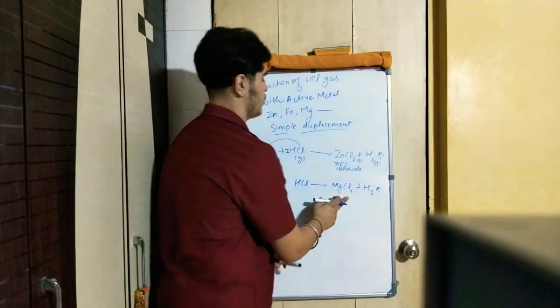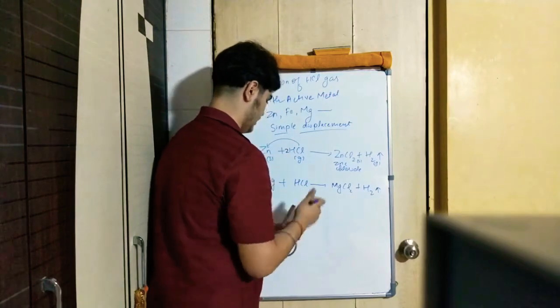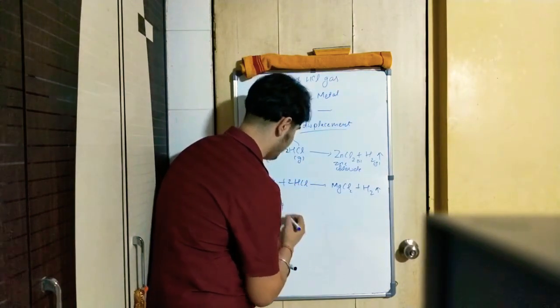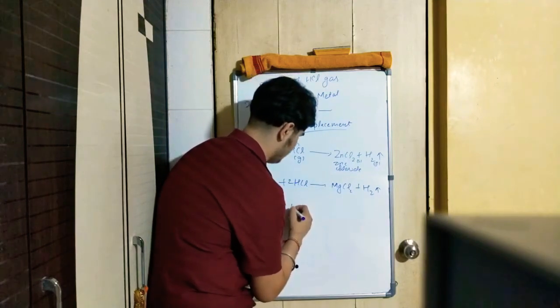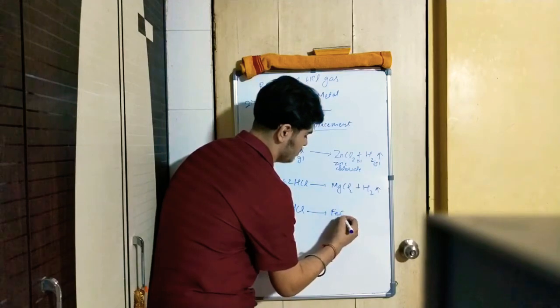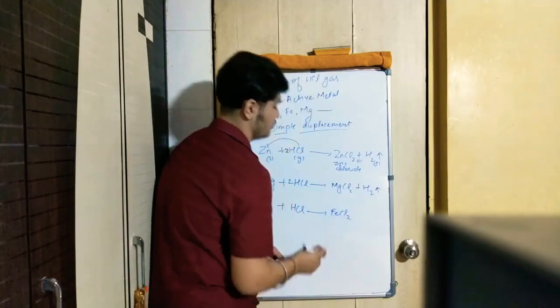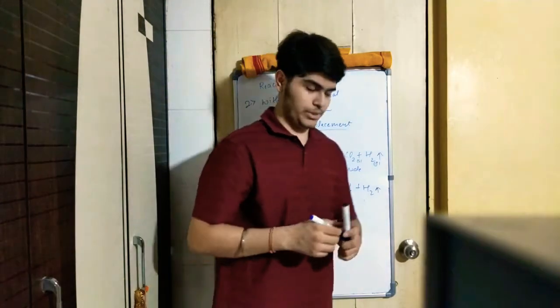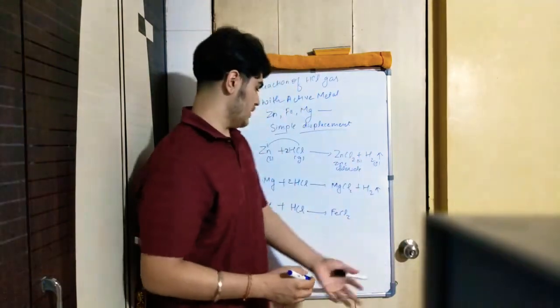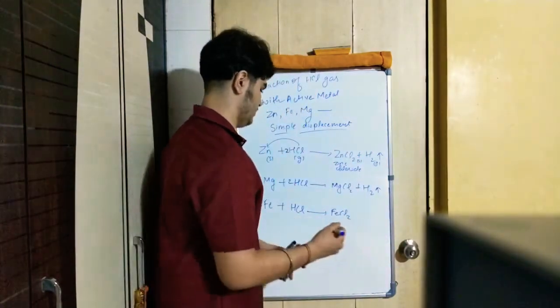This is magnesium chloride. Here we again put 2. With Fe, Fe means iron. Fe plus HCl gives FeCl2. Why here do we take FeCl2? Because iron(II) chloride is more stable; Fe2+ is more reactive than Fe3+.